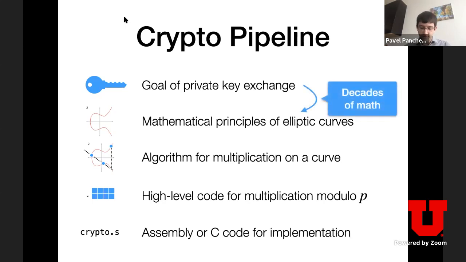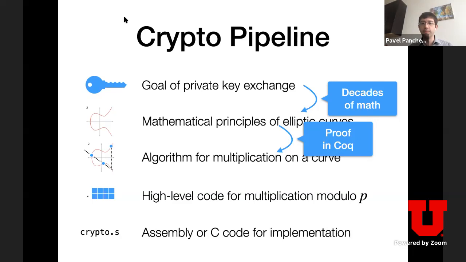This top-level step is just decades of math that tells you how elliptic curves work, how multiplication on elliptic curves works, and why it's difficult to do various things that need to be difficult for this to be secure. From these mathematical principles, there's an algorithm for multiplication on a curve, and I'm not sure if that's part of the Fiat crypto project.